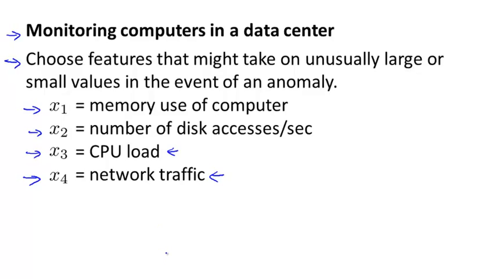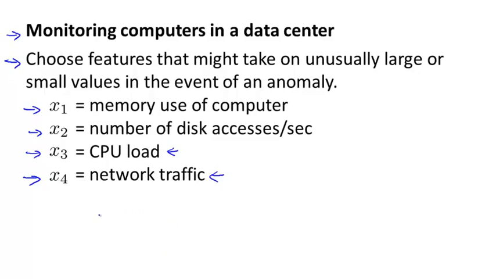So if I think one of the failure cases is that one of my web server codes gets stuck in some infinite loop, and so the CPU load grows, but the network traffic doesn't, because it's just spinning its wheels and doing a lot of CPU work, stuck in some infinite loop.